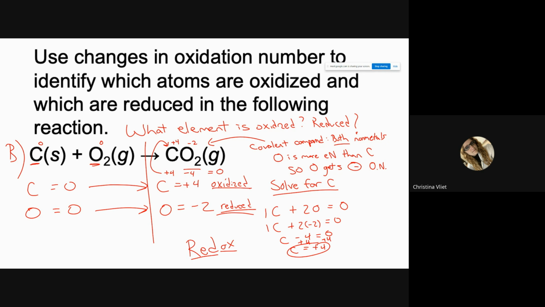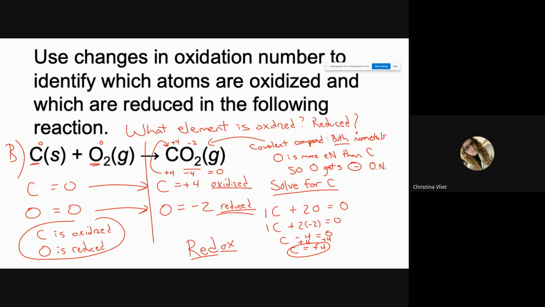So you could say carbon is oxidized and oxygen is reduced, because we're tracing what happens from the reactant side to the product side. Where are the electrons moving to is the question. And going from 0 to -2, this tells us that this is gaining electrons. And the charge ends up being reduced as a result.